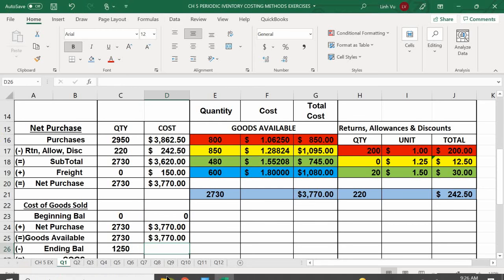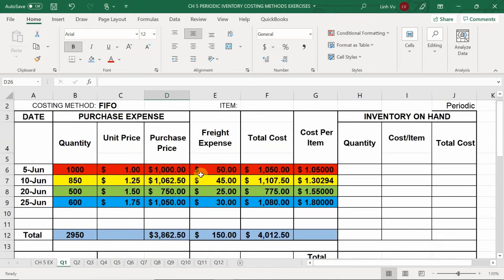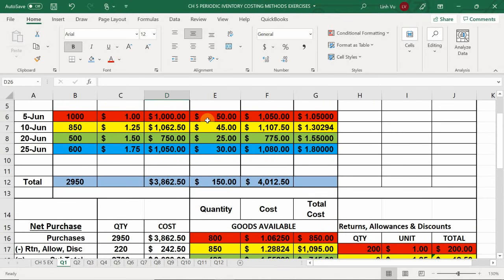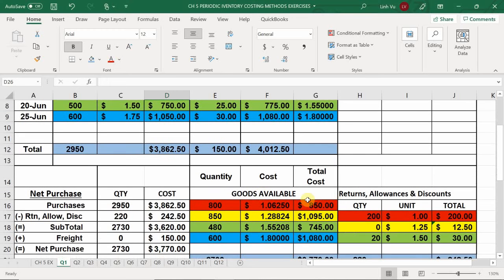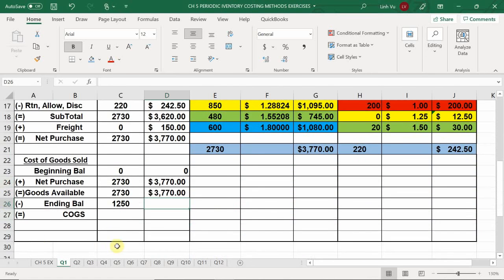My goods available matches 100% because I kept a track record. I purchased my first inventory, I ended up making a refund, so therefore I should have this much left. There you go, my goods available matches. Now I need to solve for my cost of goods sold.